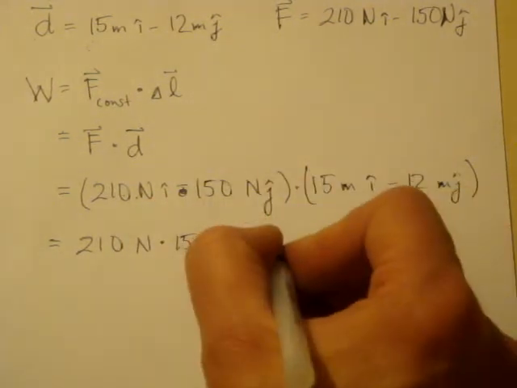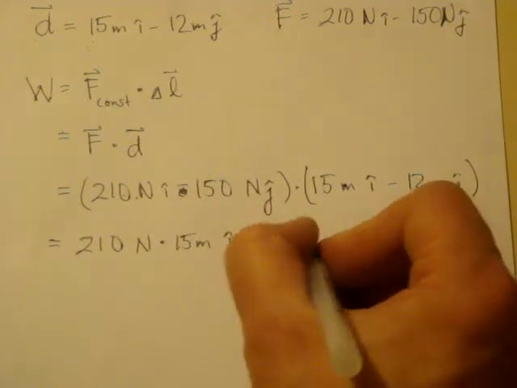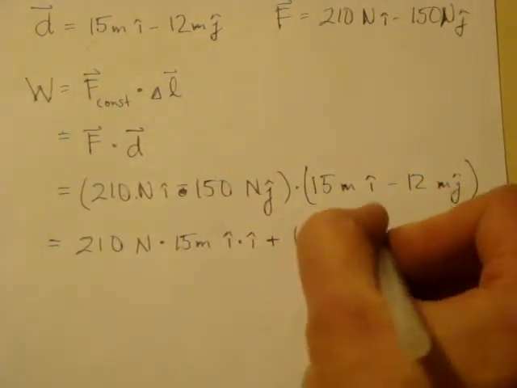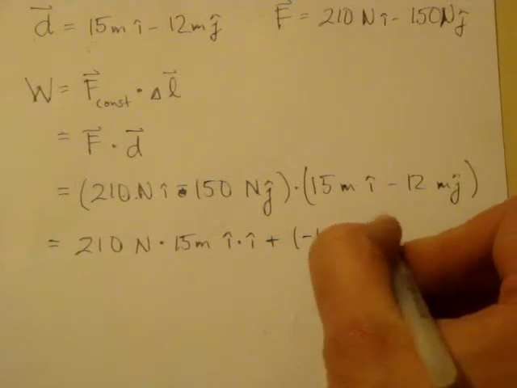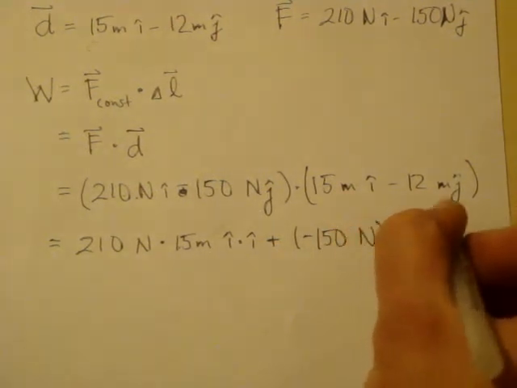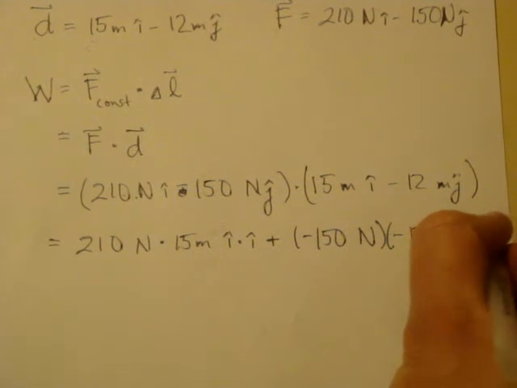And then the last terms would give us minus 150 newtons times minus 12 meters, and that would be J-hat dotted into J-hat.